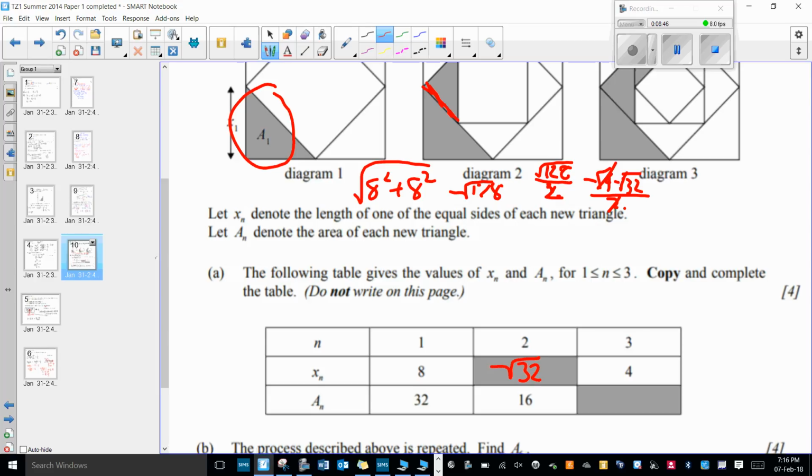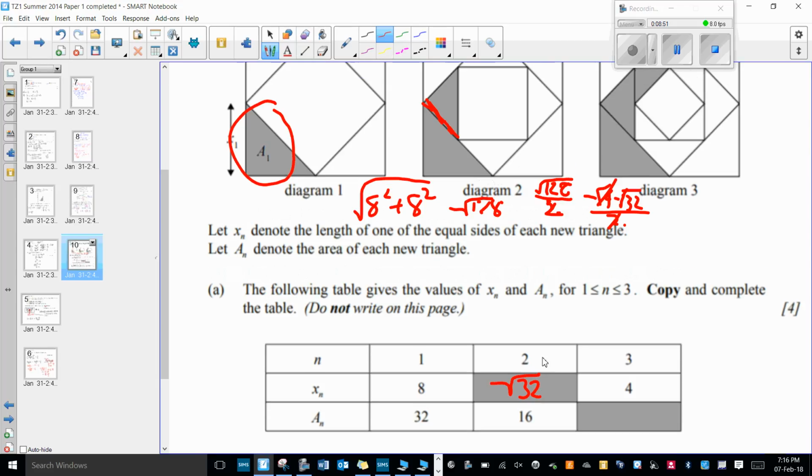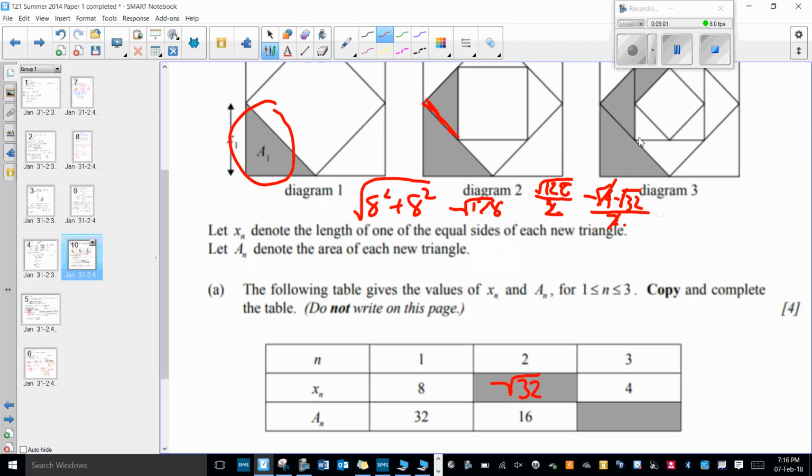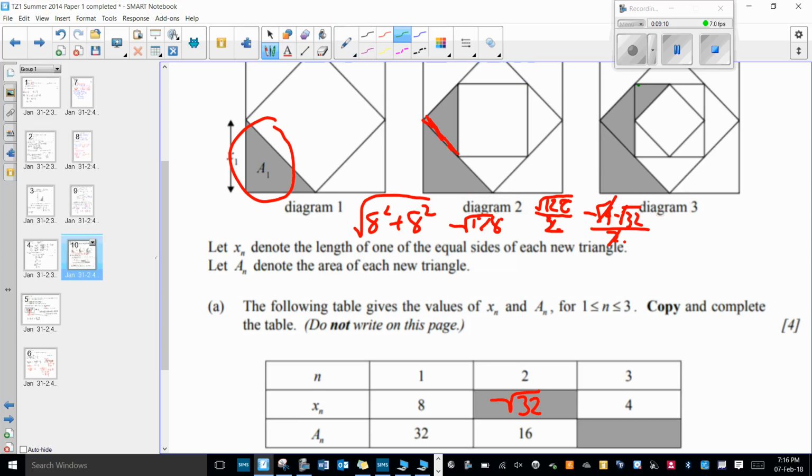The next one is again the half the hypotenuse. So we're trying to find half of this length now. Okay, so we knew these bits were root 32.